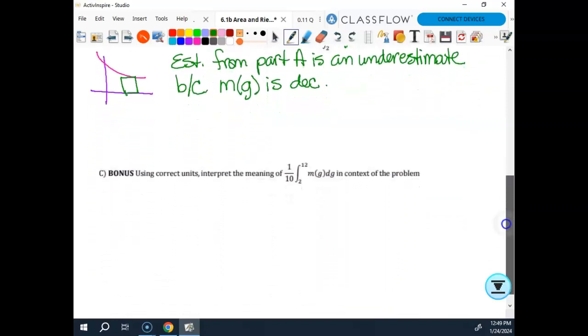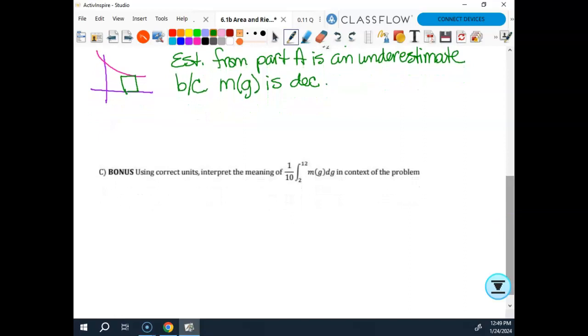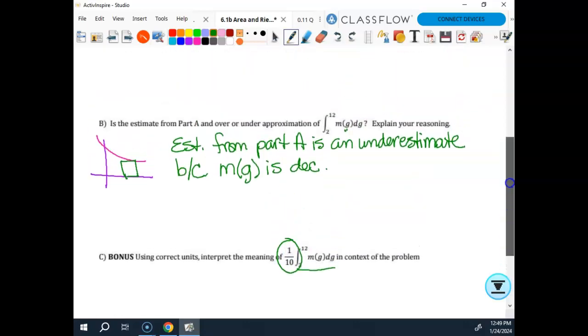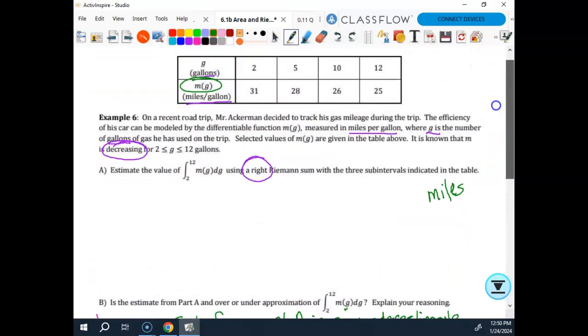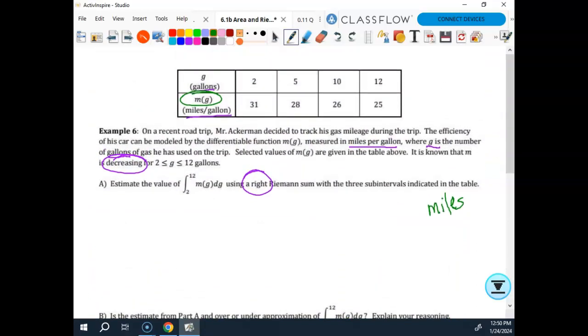And if I take this, which is the number of miles, and I multiply it by 1/10, what do you think that can mean? So what does 10 have to do with anything up here? How many gallons did he use that we're looking at? 10. From 2 to 12, that's a total of 10 gallons, right?